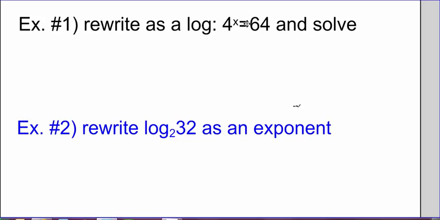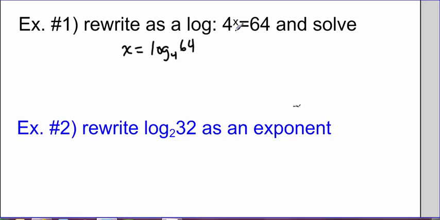And so 4 to the x is 64, so we'll rewrite it as a logarithm, the first part of the question, and solve. Now again, the log is the exponent, so the log helps us find the exponent, which means that the x will be isolated. That's how we solve things. The rest will be log, the base is 4, and 64 is that other number.